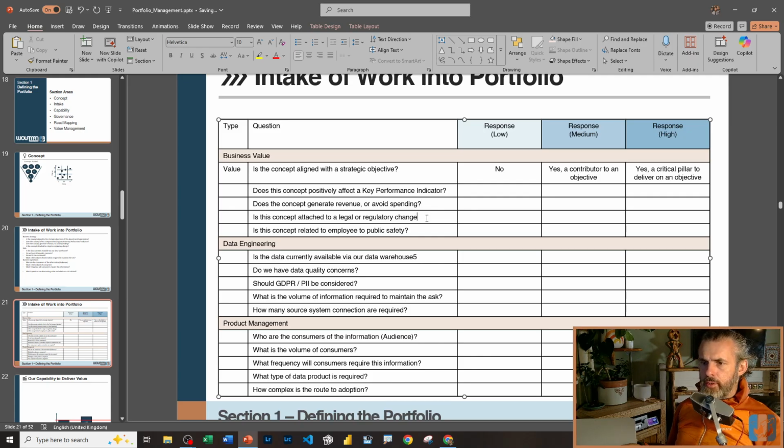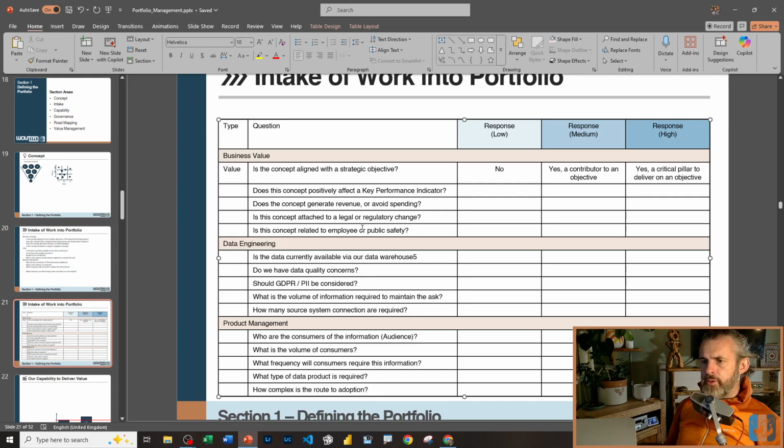Is this concept attached to a legal or regulatory change? Okay. Is this concept related to employee or public safety? Okay. So those are the ones I've got against business value.